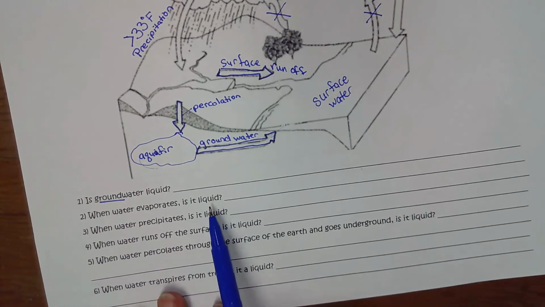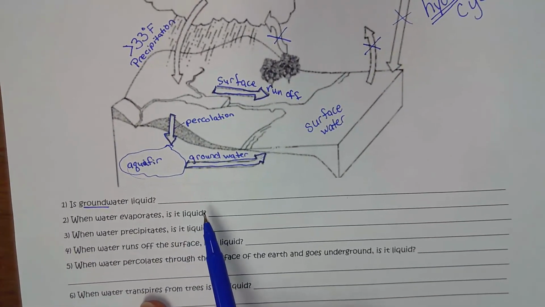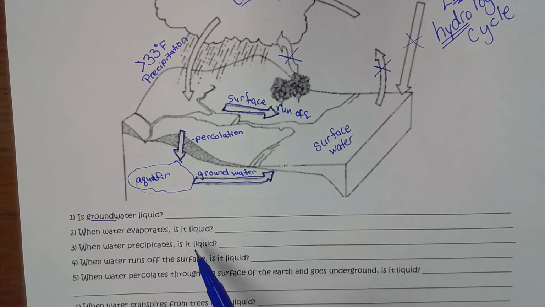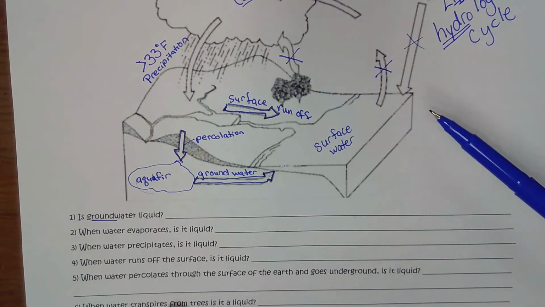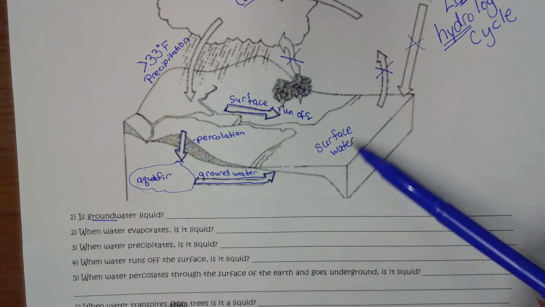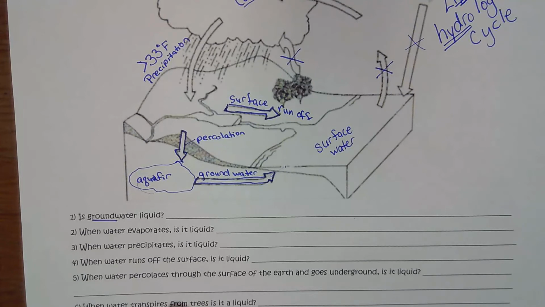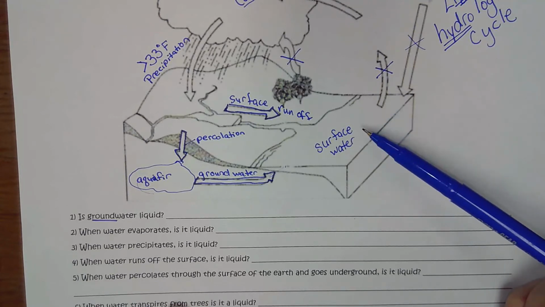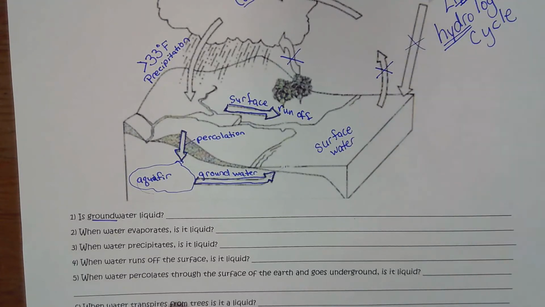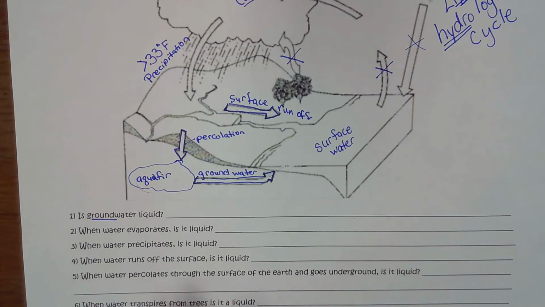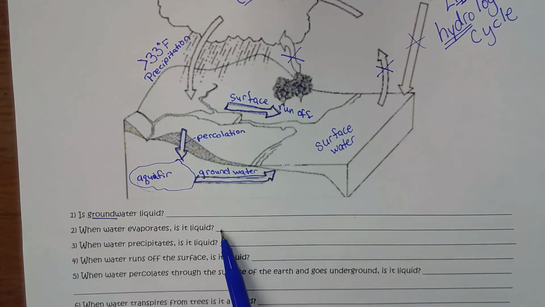When water evaporates, is it a liquid? So think. Evaporation is when water goes from being in your cup or on your cup or in the lake where you can see it up into the air where the molecules are farther apart. They are not taking on the shape of their container. So is it a liquid when it evaporates?